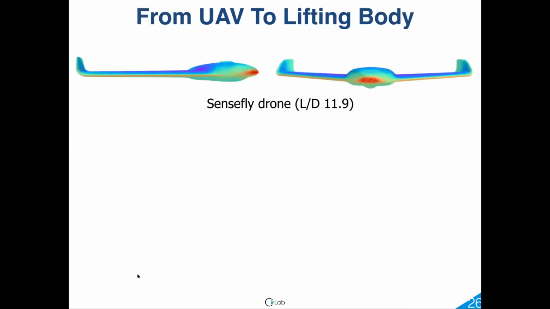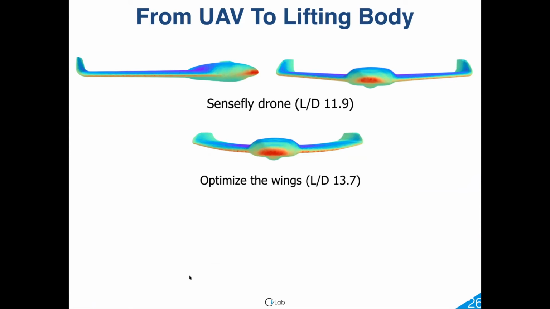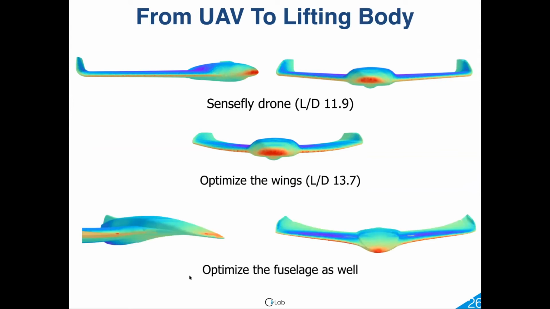So we've been playing at using algorithms to start from the original drone, which has an L over D. L over D is lift over drag. It's a standard measure of the effectiveness of a wing, of 11.9. We can deform the wings to improve that. And if we are allowed, while we are at it, we can also deform the whole thing.